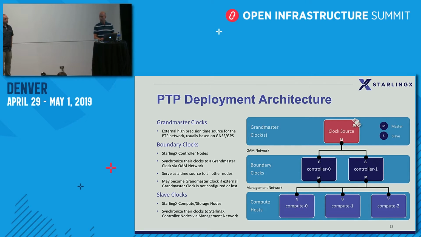But if you have no grandmaster clock configured for some reason in your deployment, we can go to the simplified PTP deployment architecture, where one of the controller nodes takes the responsibility of grandmaster clock and just sends its timestamp to all the compute and controller nodes.